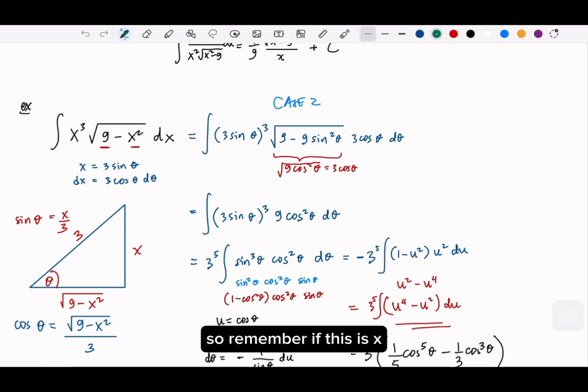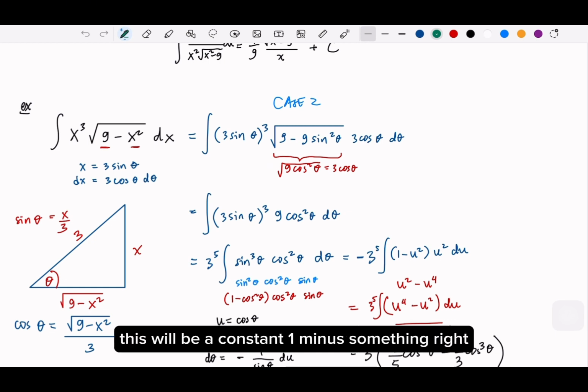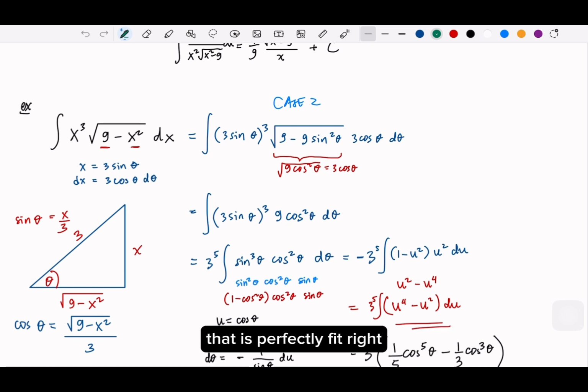If this is x, then this will be a constant 1 minus something, so this will be a constant minus something. That is perfectly fit, so it's either sine or cosine. The same with this one: it is a variable minus a constant. That's the reason.